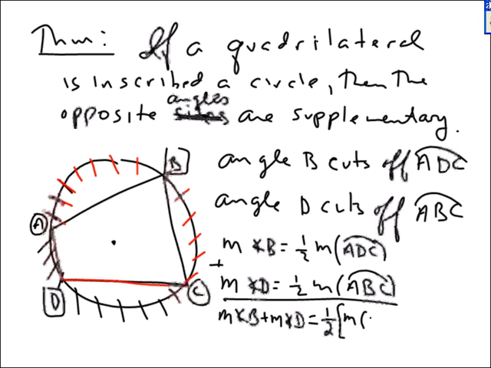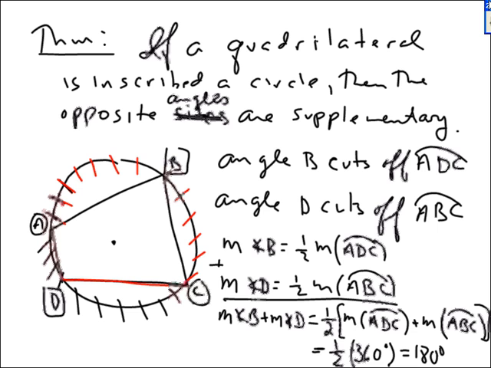I get 1/2 the measure of arc ADC plus the measure of arc ABC. But those two arcs add up to, sorry, 360, the whole circle. And half of 360 is 180. Well, that's what I wanted to show. The measure of B and D add up to 180.